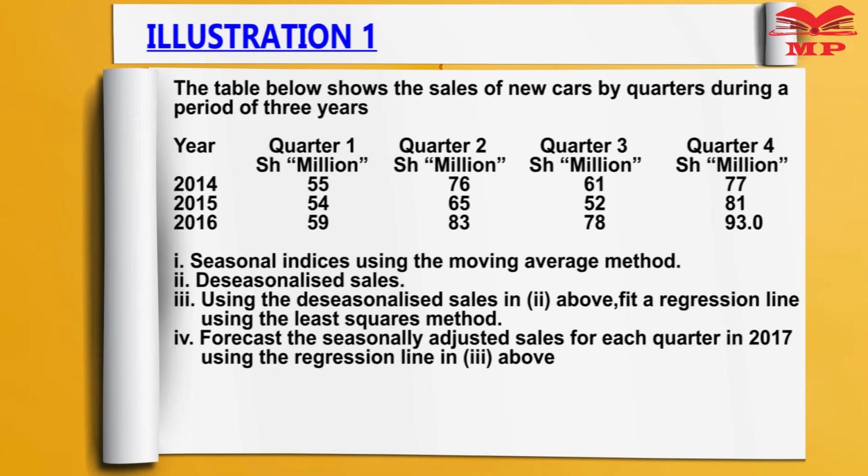You're given the year column, quarter 1, quarter 2, quarter 3, and quarter 4, in shillings in millions. 2014: 55, 76, 61, 77, respectively. 2015: 54, 65, 52, 81, respectively. 2016: 59, 83, 78, 93, respectively.